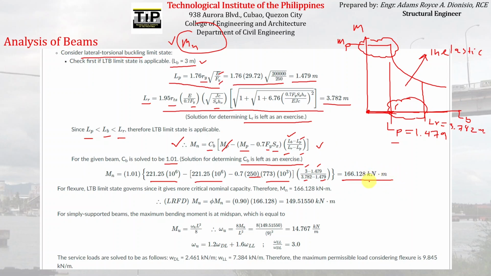So what does it mean? So this just means that for this given lateral bracing spacing, for this given unbraced length, the maximum moment that will ensure that there will be no lateral torsional buckling that will happen is just equal to 166.128 kilonewton meter, or should I say the maximum moment that will ensure that the lateral torsional buckling that will happen here will still be inelastic is equal to 166.128.